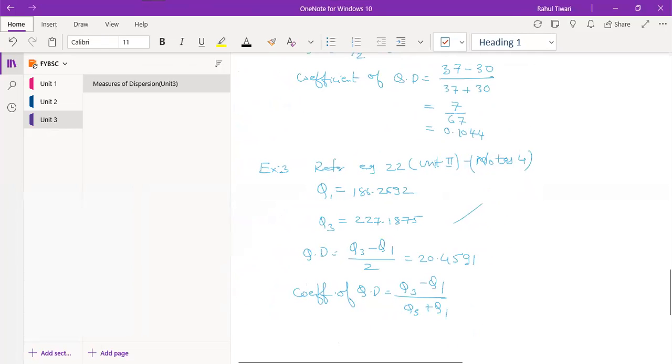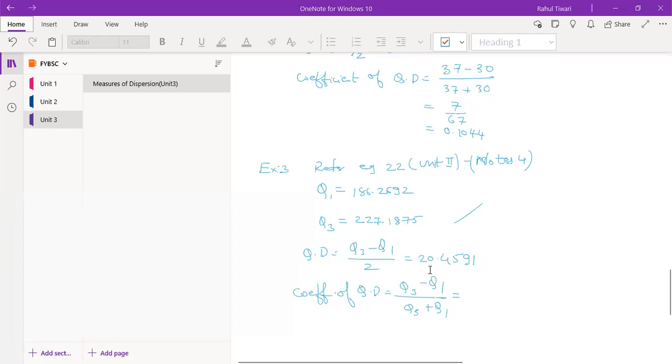What about the coefficient of quartile deviation?